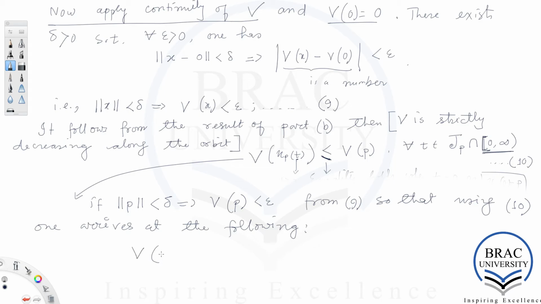V of up of t is strictly less than epsilon, since V of p is less than epsilon, so that V of up of t is strictly less than epsilon, and that is going to happen for all t in Jp intersected with 0 comma infinity.